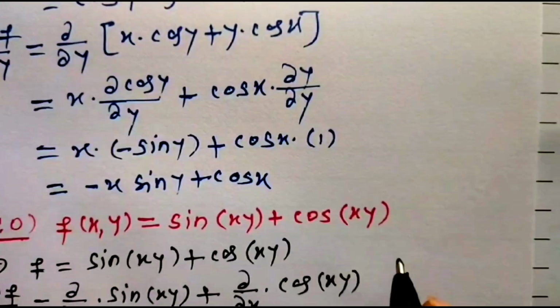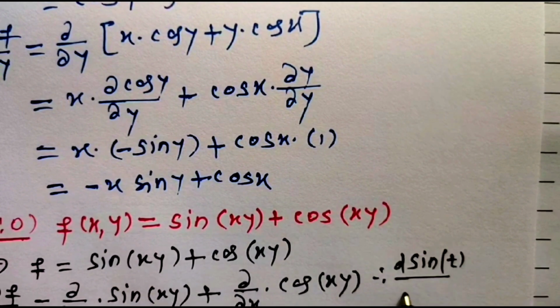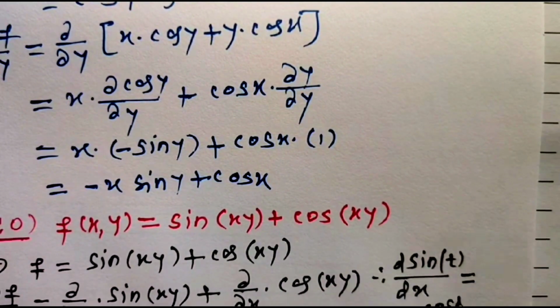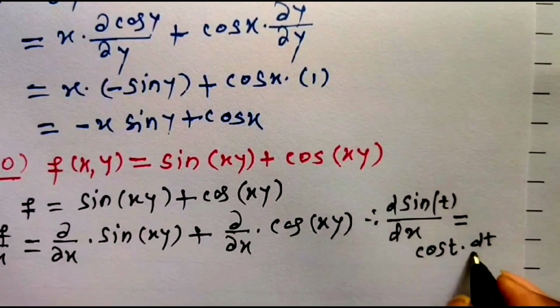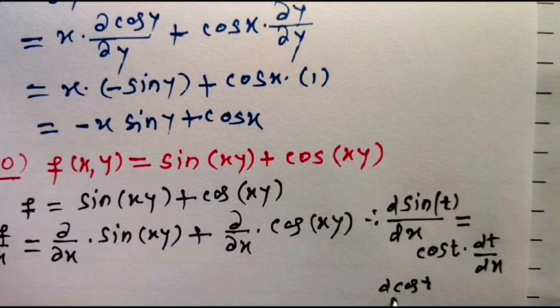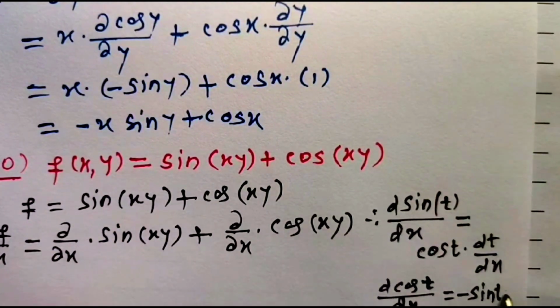And you know, derivative of sin t with respect to x is equal to cos t into derivative of t with respect to x. Similarly, derivative of cos t with respect to x is equal to minus sin t into derivative of t with respect to x.